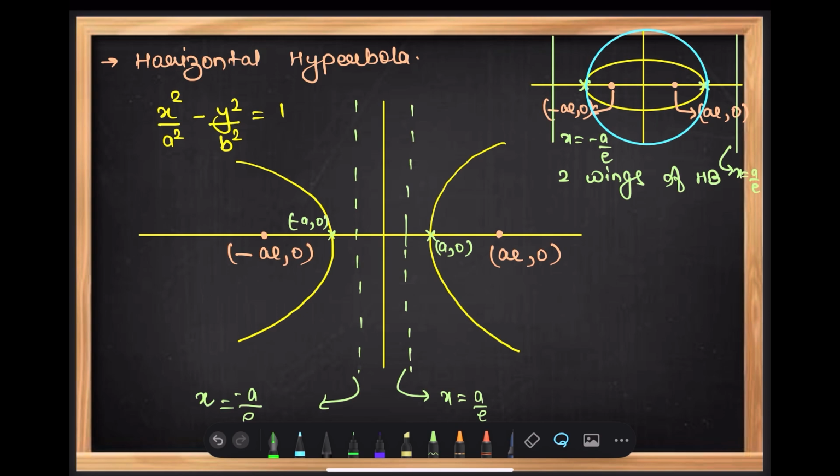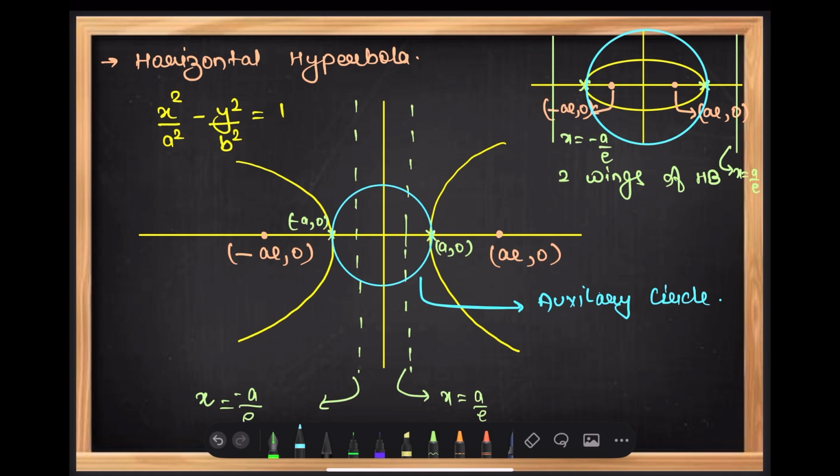So here also we will have an auxiliary circle. It will touch. Wait a second, I'll adjust. Okay, so this is your auxiliary circle. Comfortable?